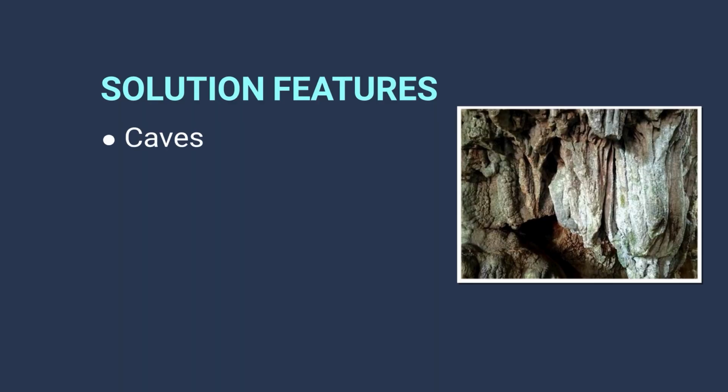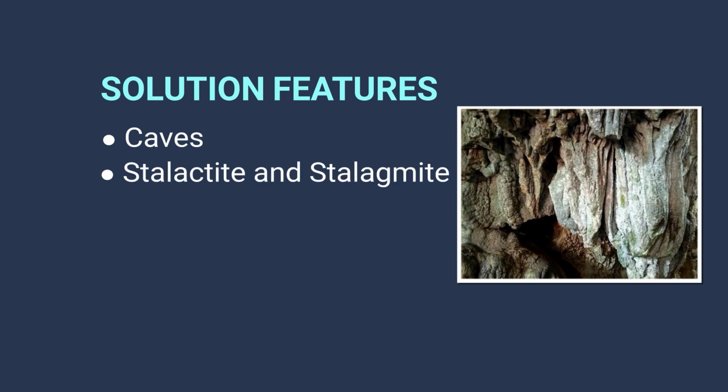And within the caves, the carbonate starts dripping down from the top of the cave and forms a stalactite and a stalagmite. There are also two structures which we call stylolite and dendrite.